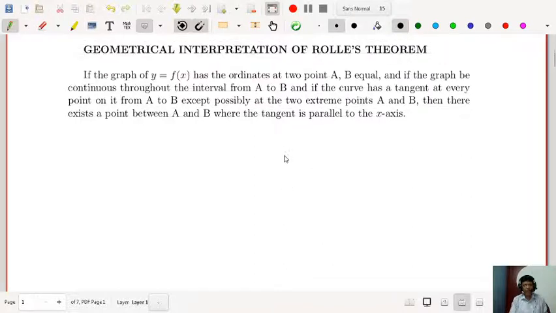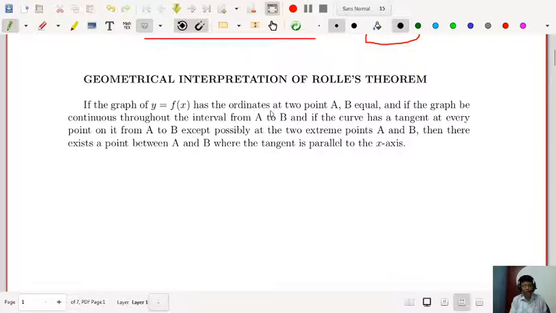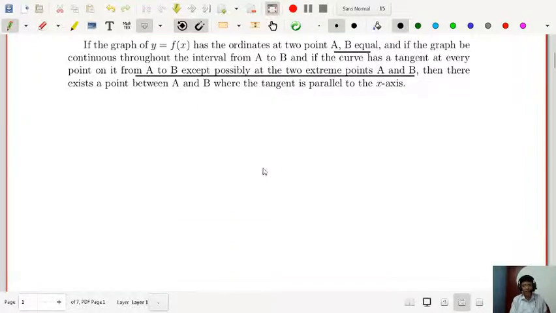Let y equal to f(x) have equal ordinates at two points a and b, and let the graph be continuous throughout the interval from a to b. If the curve has a tangent at every point from a to b except possibly at the two extreme points a and b, then there exists a point between a and b where the tangent is parallel to the x axis. That is the geometrical interpretation.